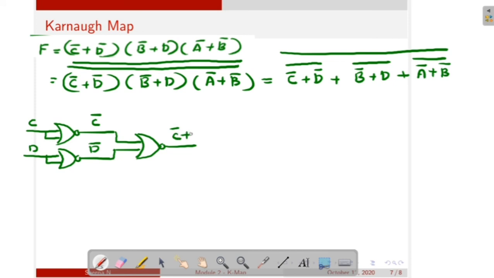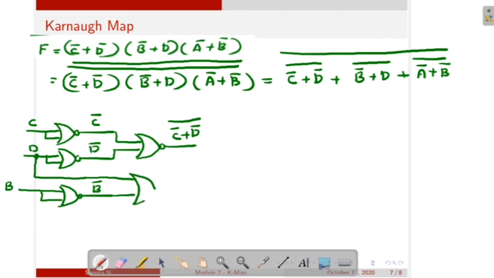So here it is C bar plus D bar whole bar. Next we take this D input and B is given to a NOR gate. So here we have B bar. These two are given to another NOR gate, so B bar plus D whole bar.